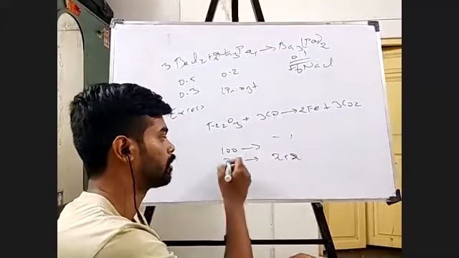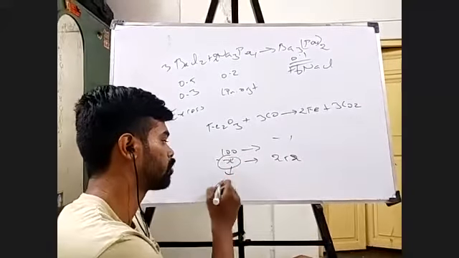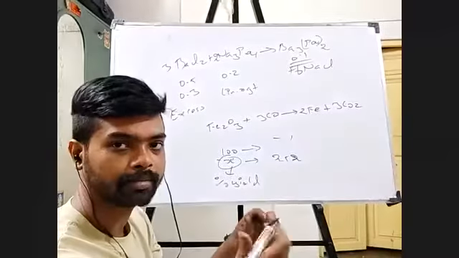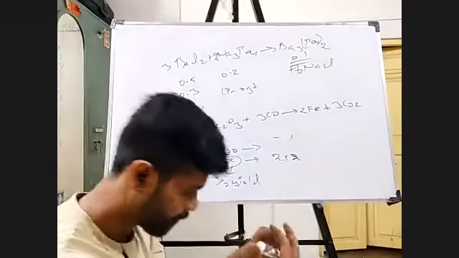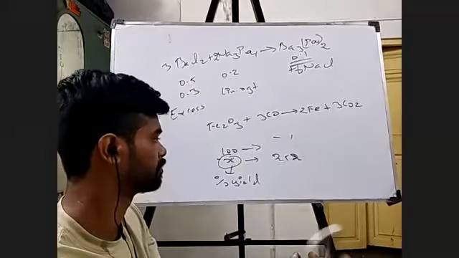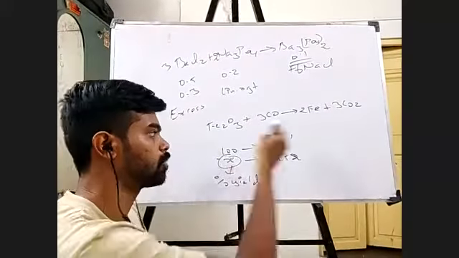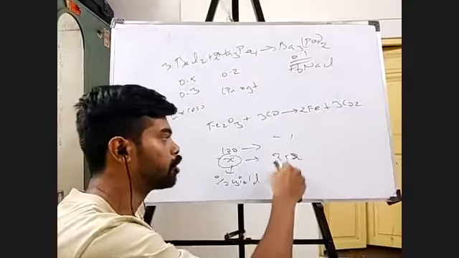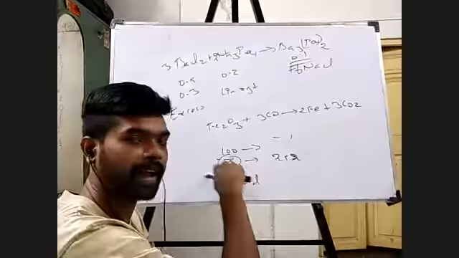So you can find the x value, and this x value is my percentage yield. Are you able to understand? Go for it and tell me the answer. So for 100%, whatever value you get from the stoichiometry, you have to find it, and for 252 grams, what will be the percentage, x.